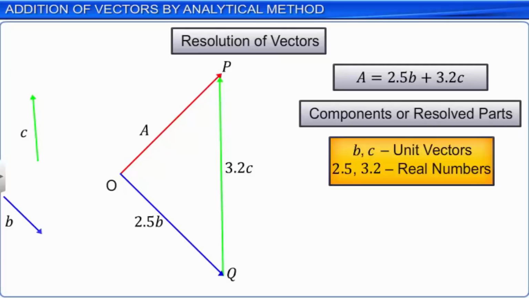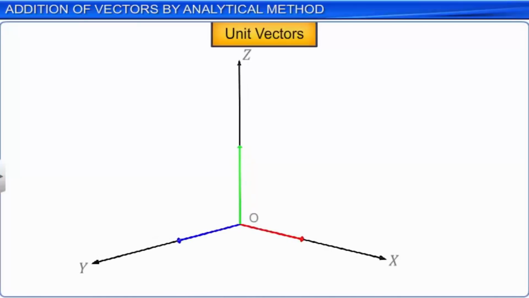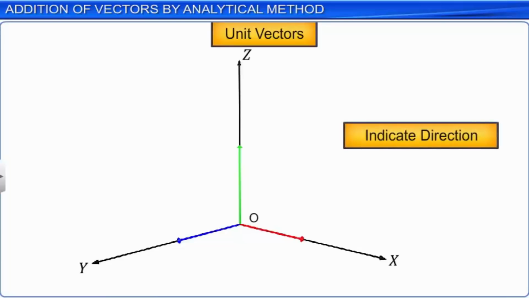You do not specify any dimension or unit for these vectors. They only indicate direction. Unit vectors along the direction of the x, y, and z-axis of the rectangular coordinate system are denoted by i cap, j cap and k cap respectively. These three unit vectors are perpendicular to each other, as the three rectangular coordinate axes are perpendicular to each other.